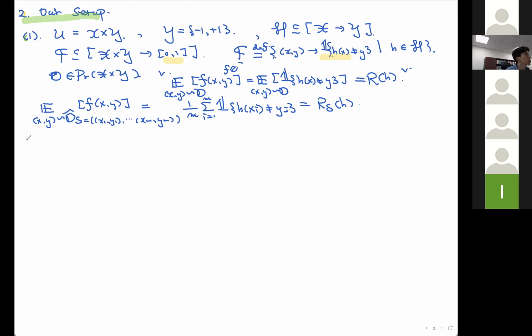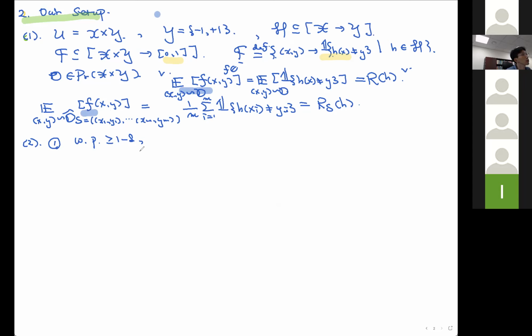Now using these observations, let's rewrite the conclusion of the previous theorem. The conclusion of the previous theorem says the following, with probability at least 1 minus delta. Let's use blue color, because this quantity is going to be bounded by this quantity plus some extra terms with high probability.